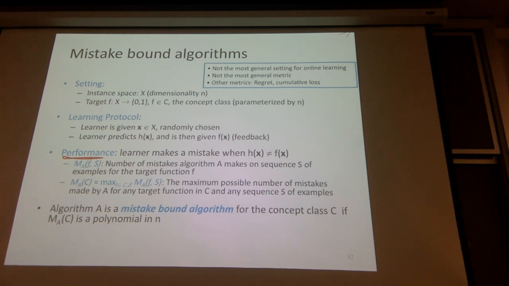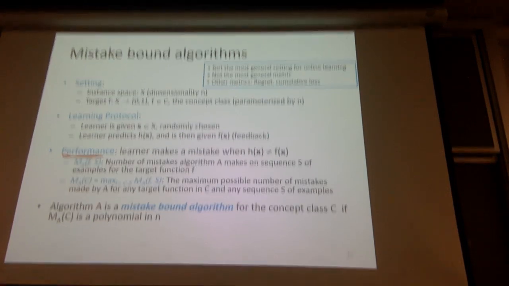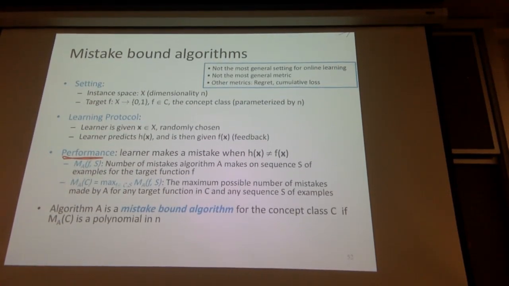And there are regret-bound algorithms, just like mistake-bound algorithms. So in this class, we're only going to look at mistake-bound, but if you're interested, you can look up regret-bound. It's not the most difficult thing to understand, but let's start with the easy thing.